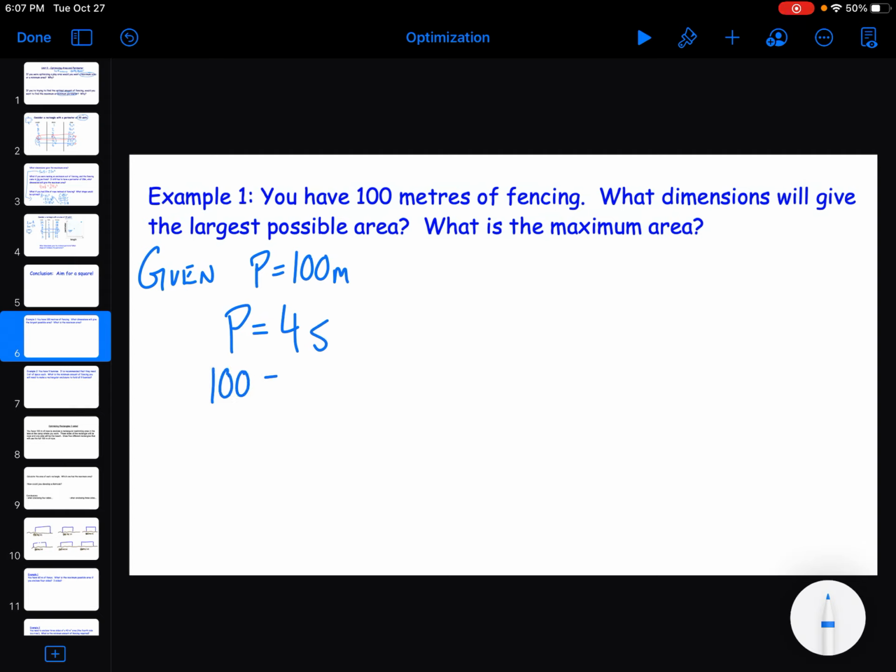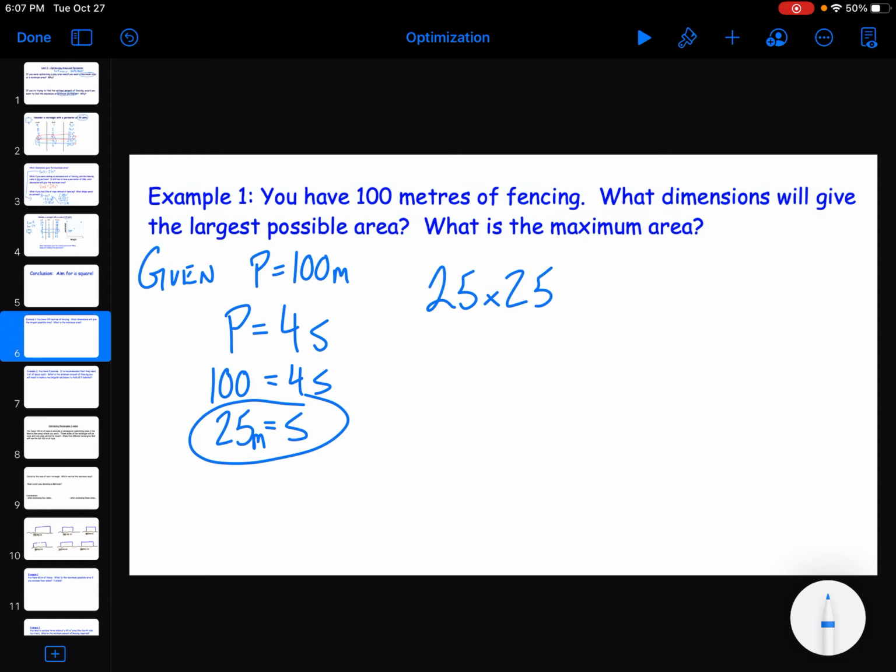So 100 equals 4 times s. I can divide both sides by 4 and find that my side lengths are 25 meters. So this should be 25 meters by 25 meters.